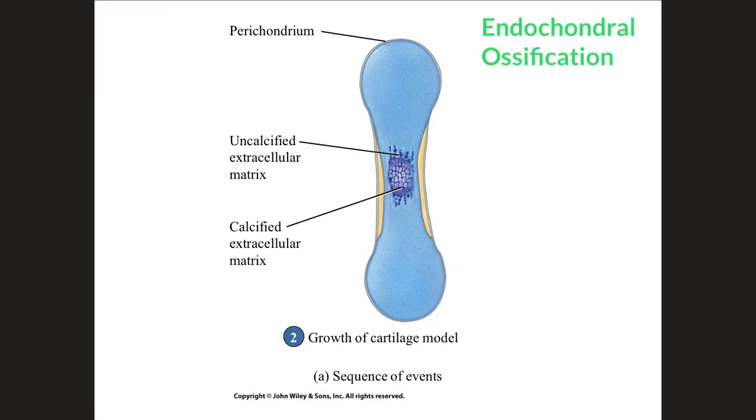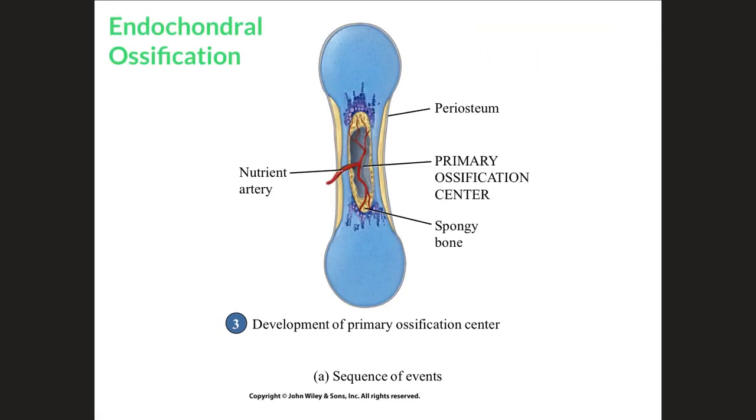have gotten bigger. As development continues, there's going to be a nutrient artery that is going to penetrate through the periosteum, that outer layer, into the middle portion of the bone. Now, as this happens, we initially had the cells in the periosteum that were differentiating into chondroblasts.